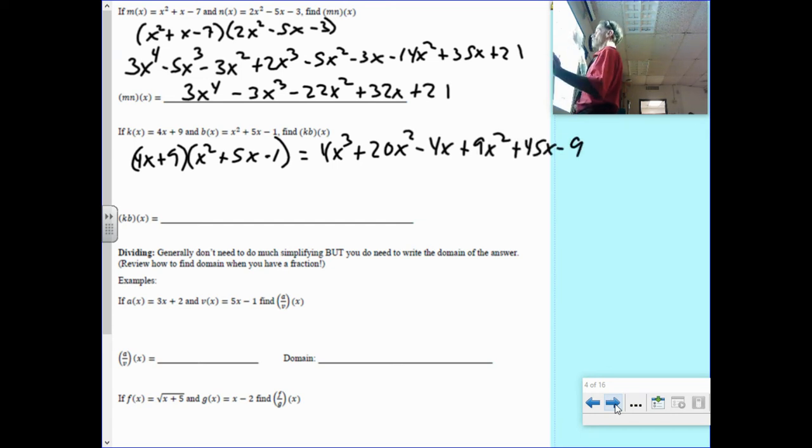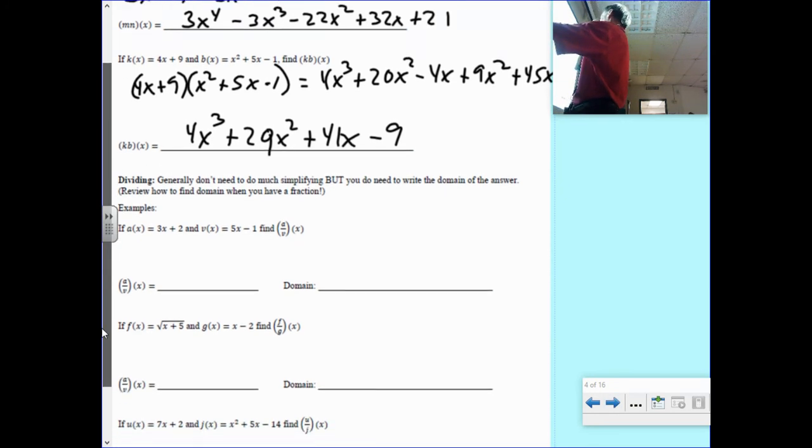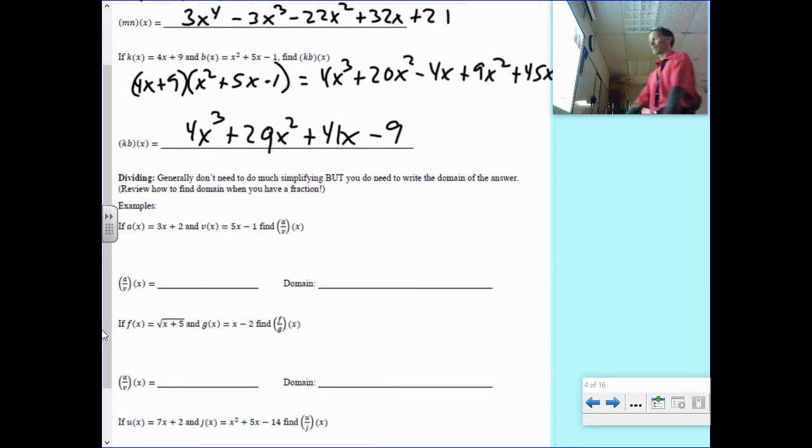And then combine all your like terms. 20 plus 9, oops, 29x squared. And then to combine the x's, that would be 41x minus 9. Okay? So that's multiplying the last one.